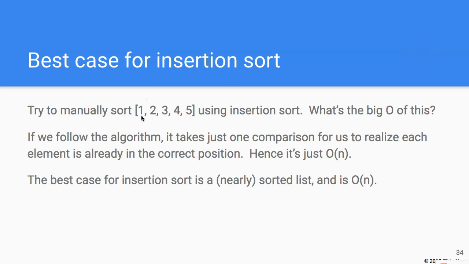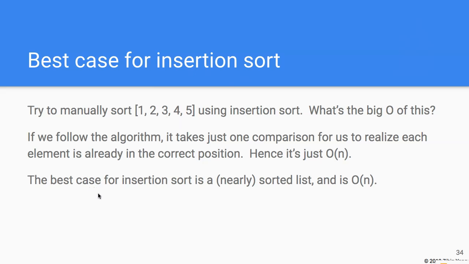It takes one comparison, with 2 and 1, to realize 2 is already in the right place. And then we'll move on to 3, and it takes one comparison to know that 3 is already in the right place, and so on. Same thing for 4 and 5. So it basically just takes order n steps to see that the entire list is sorted.